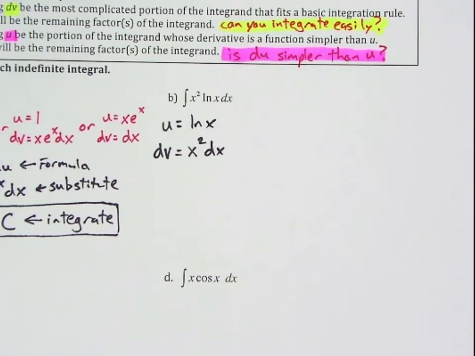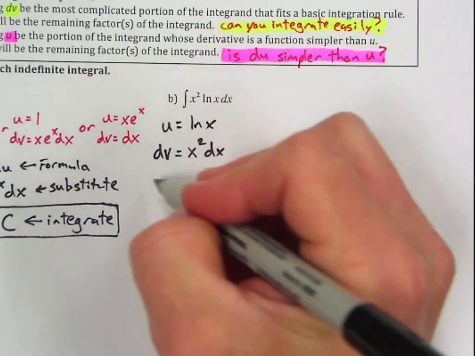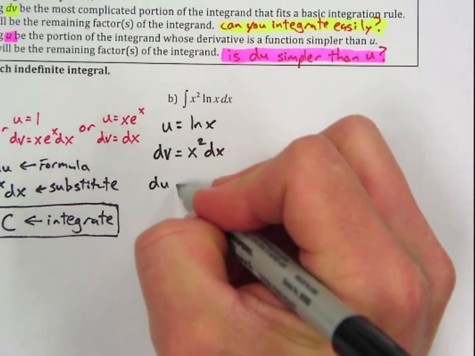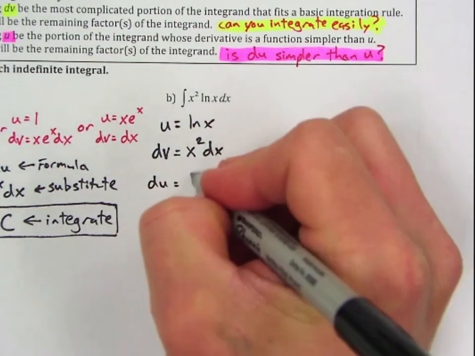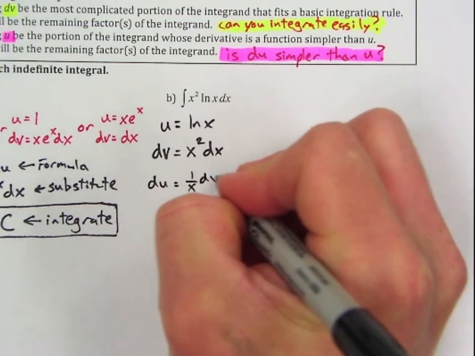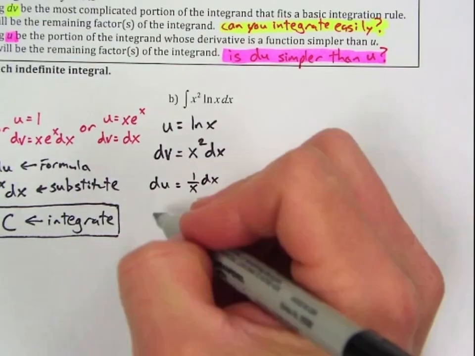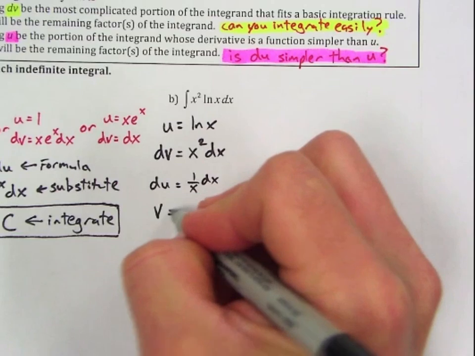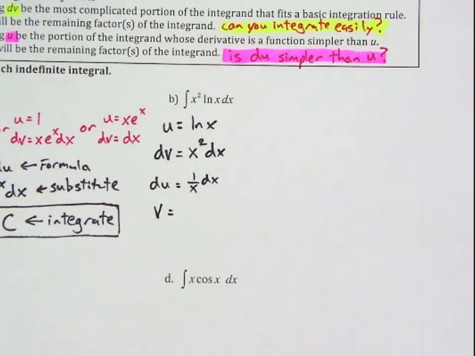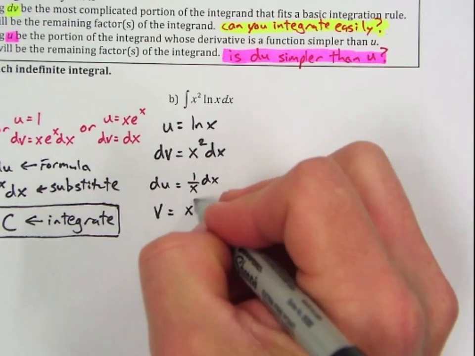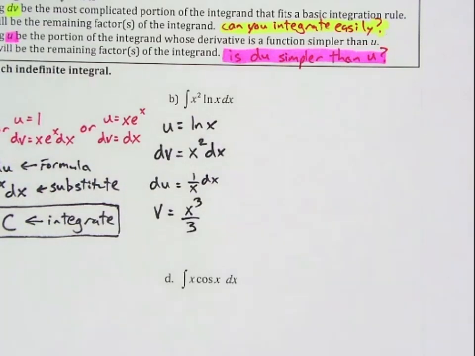So we also need to find du, which is 1 over x dx. And we need to find v, which is x cubed over 3. And then we plug it in the formula and we're done.